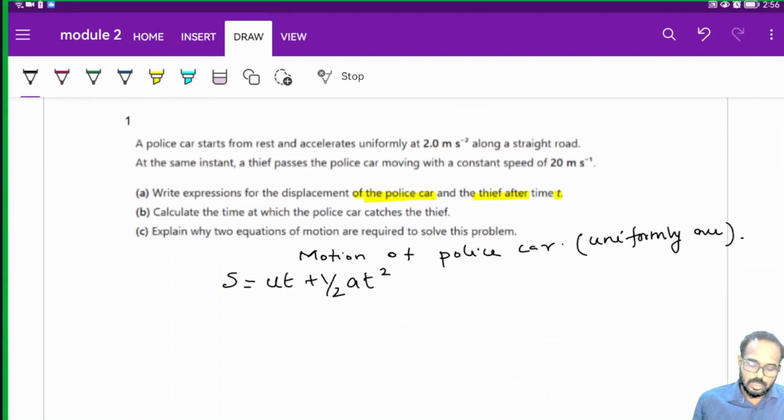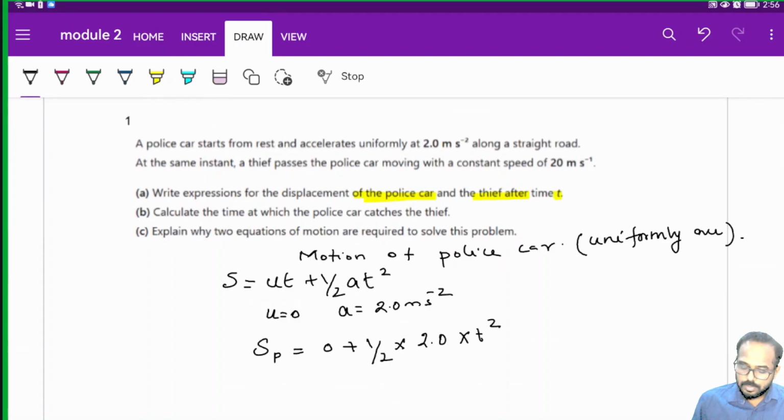In this condition, it is given starts from rest. That means u equal to 0. And it accelerates uniformly. Acceleration is given as 2 meters per second square. Right? So you can substitute these values in the equation. So displacement for the police car, I'm writing it as SP. So ut is 0 plus half into a, which is 2, into t square.